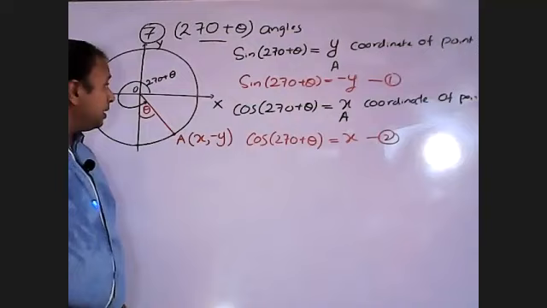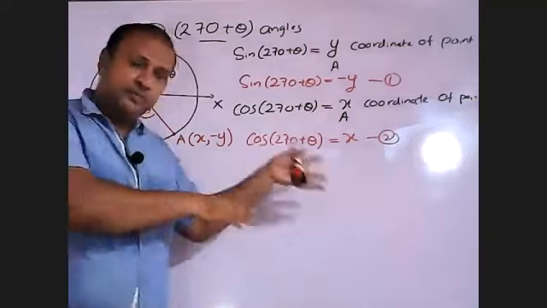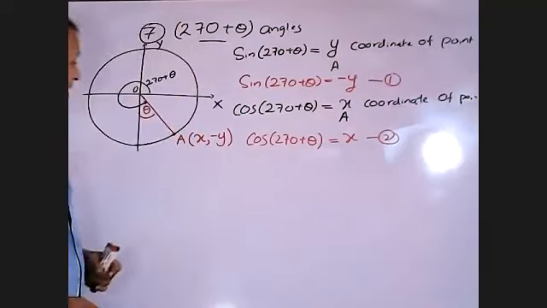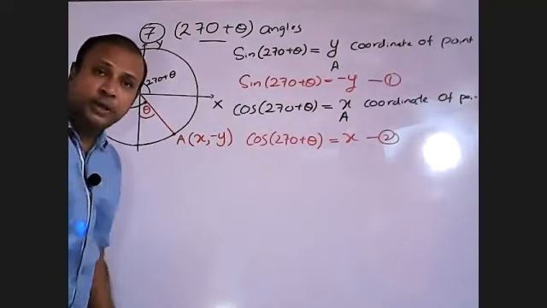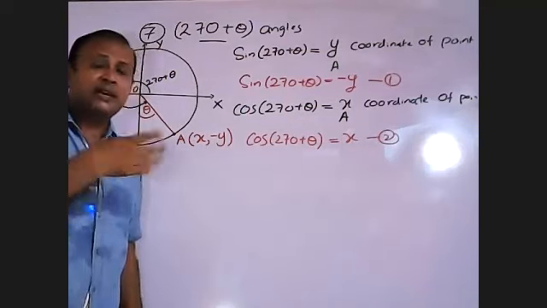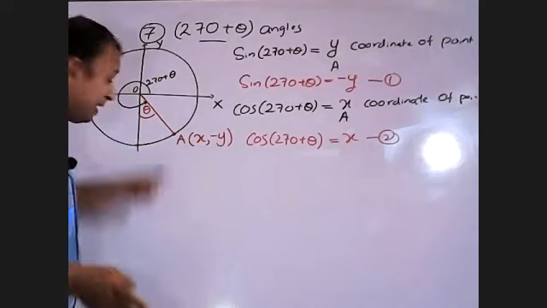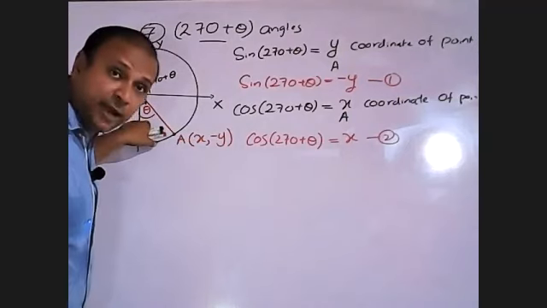Now you have completed writing sine and cos values using the unit circle definition. Then go to the diagram again. Then you have to write sine and cos values using sine and cos values of angle theta.